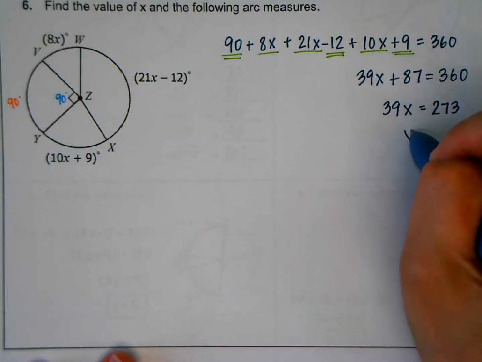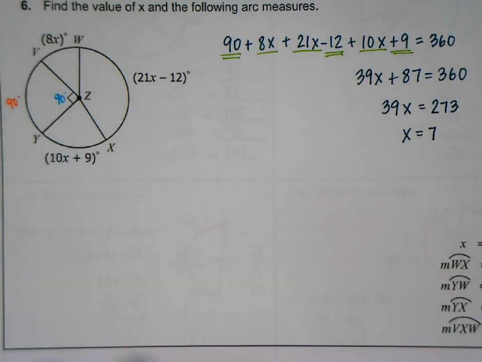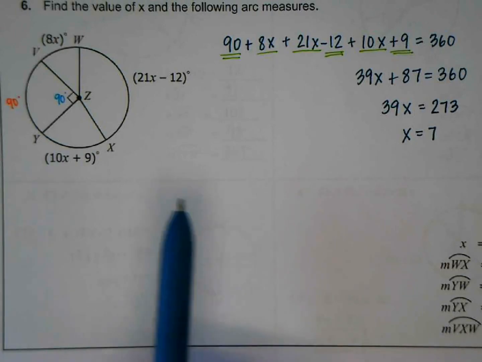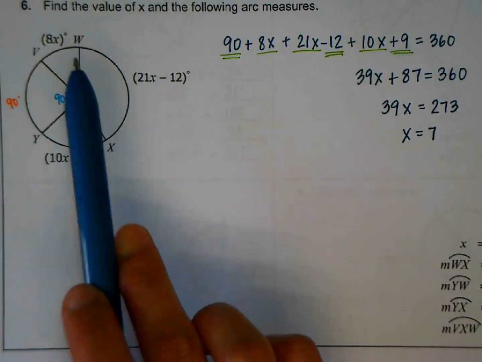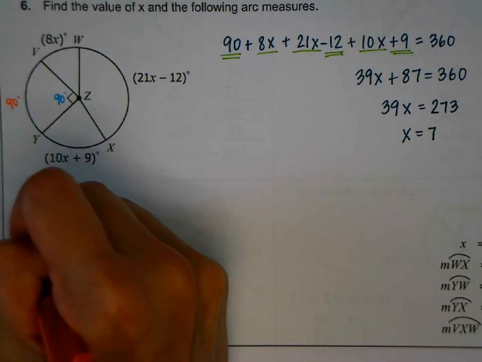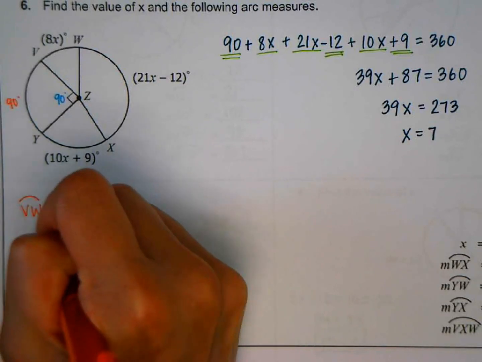So they asked for x and they want us to find 4 arc measures. I'm going to go ahead and plug them all in. I'm going to do that quietly. So VW is 8x. So 8 times 7, 56.